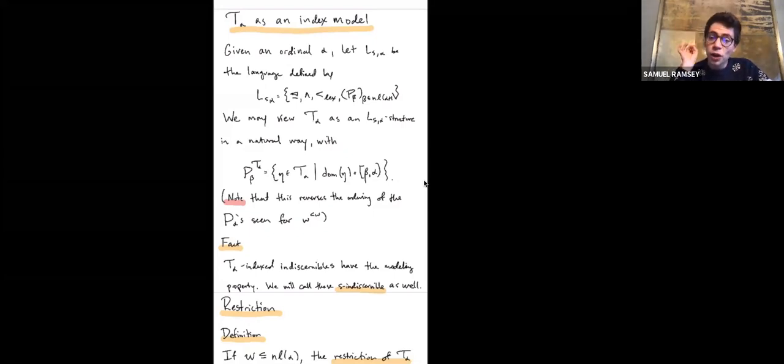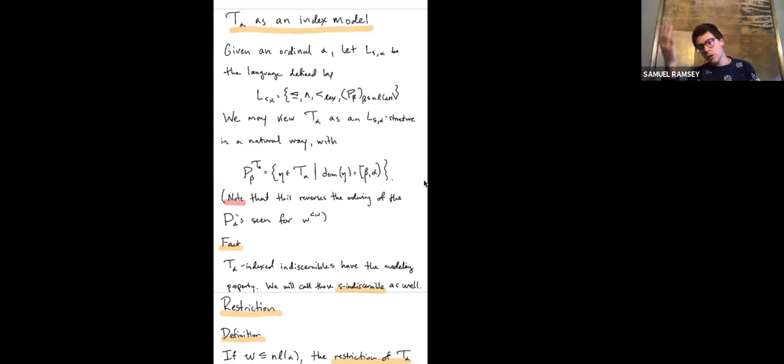Okay, so the point of these T alphas is to use them as an index model for a certain kind of indiscernible tree. That's what we're after. So let's recall the class of S-indiscernible trees that we were working with at the beginning. S-indiscernible trees, as you recall, are when you have the index model that has the tree partial order, the binary meet function, the lexicographic order, and predicates for the levels of the tree.